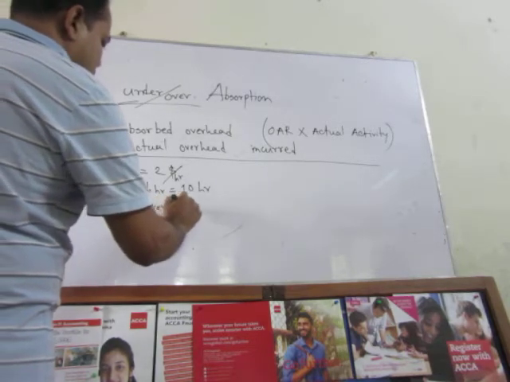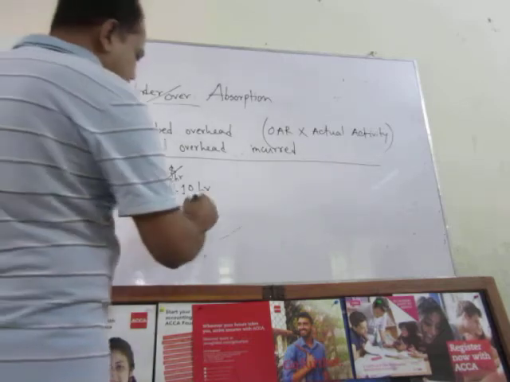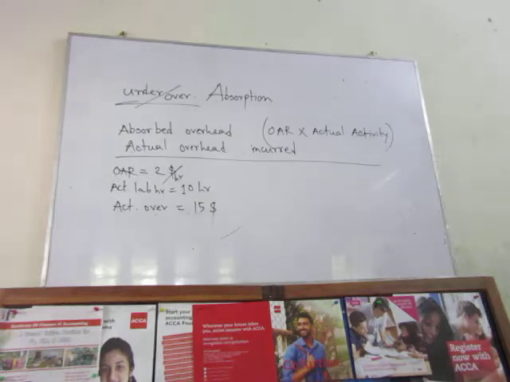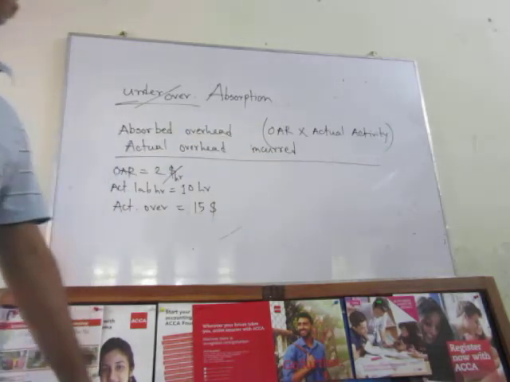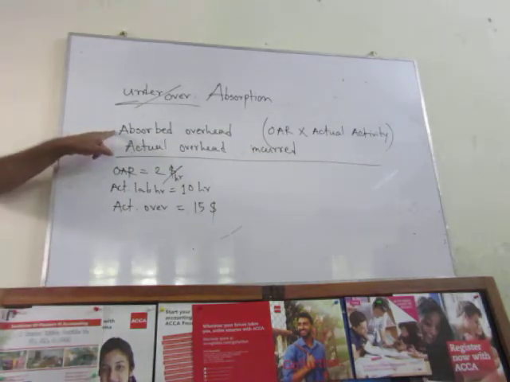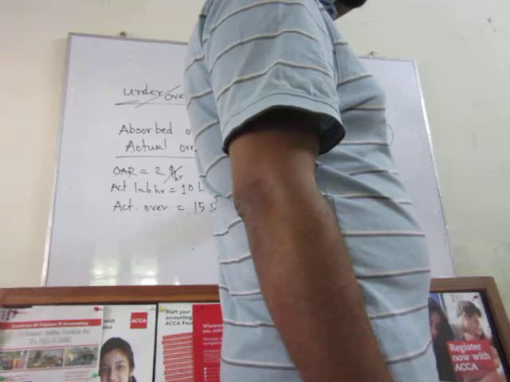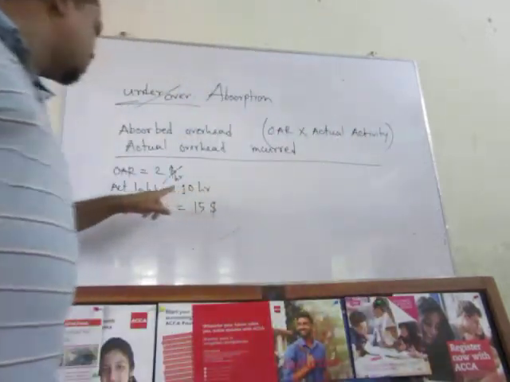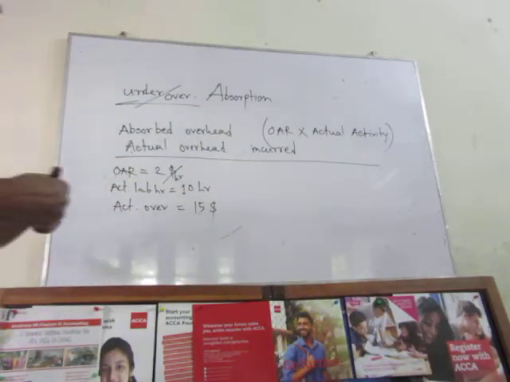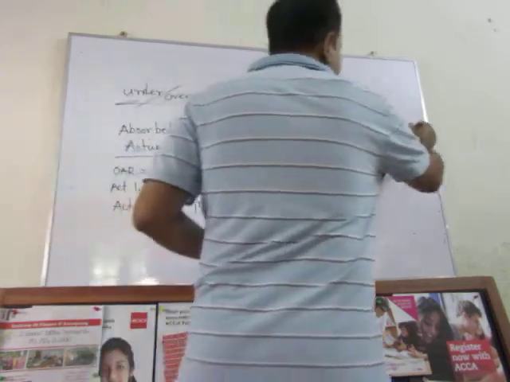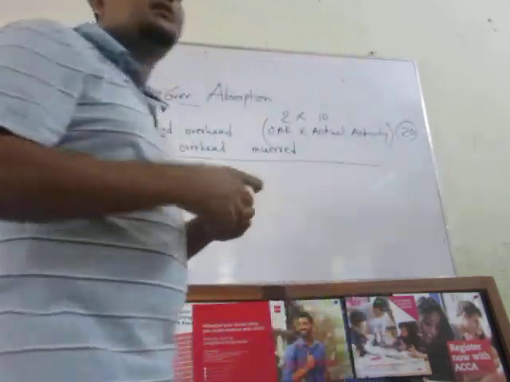Actual overheads is, suppose, $15. So what will be the scenario in this case? First of all, we need to find out or calculate it. Absorb. Absorb means OAR into actual activity. So here our OAR, expected OAR is 2 and actual activity is 10, that means 20. This 20 we are expecting.